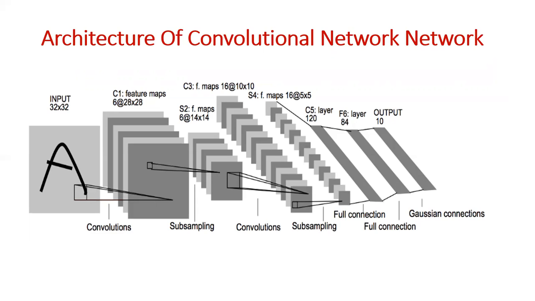It goes in steps and creates a complete, clear architecture of CNN. The image recognition input and the output are shown clearly in this diagram. It has different sizes and different numbers, so we can increase and decrease the size according to the requirement.